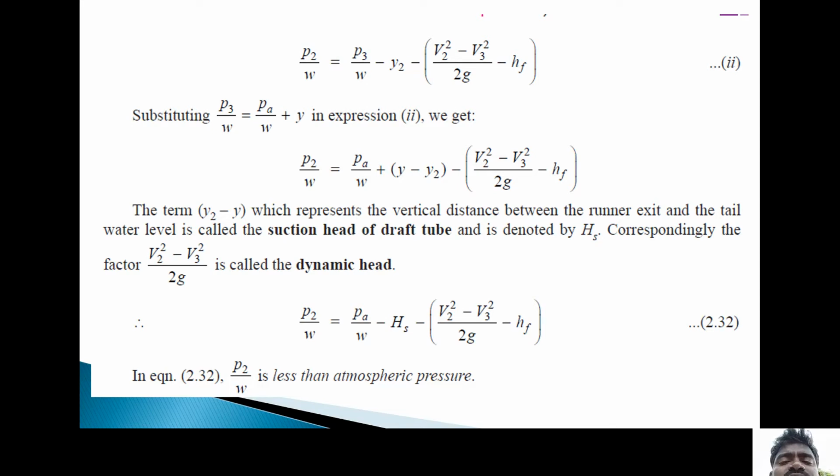The factor (V2 square minus V3 square) by 2g is called dynamic head, that means velocity head. Therefore, the equation is P2 by W equal to PA by W minus HS minus (V2 square minus V3 square) by 2g minus HF. In this equation, P2 by W is less than atmospheric pressure.